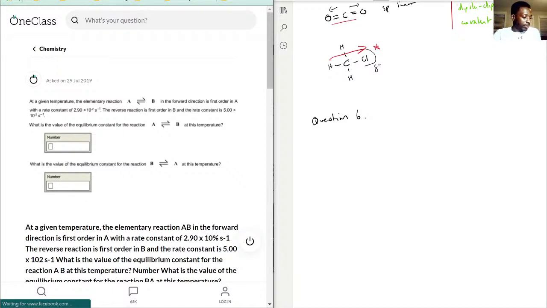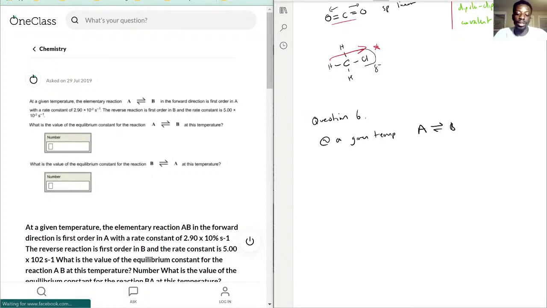So this was just asking, at a given temperature, the reaction A to B, and they have these arrows because it's reversible, has a constant first order, which just means that if you're going to write down the formula, which we'll do later, it's going to be to the power of 1, okay?